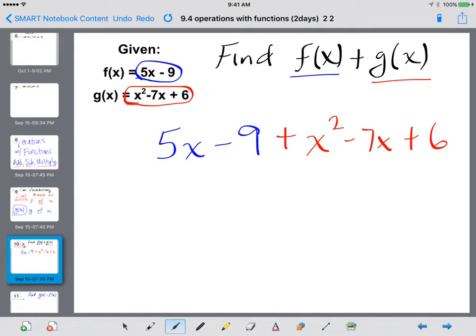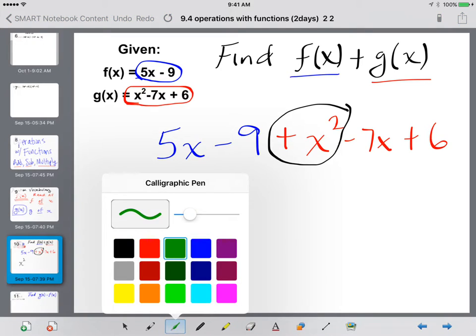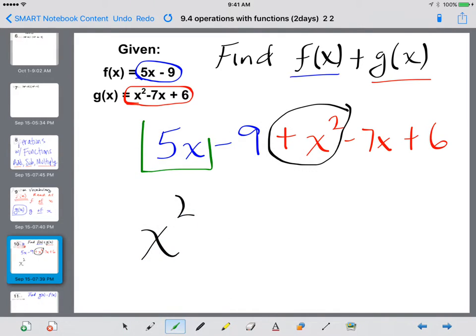We start with our powers. I have a positive 1x squared. There's nothing else to combine it with, so I'm left with x squared. Now I look for my x's. So I have 5x minus 7x.